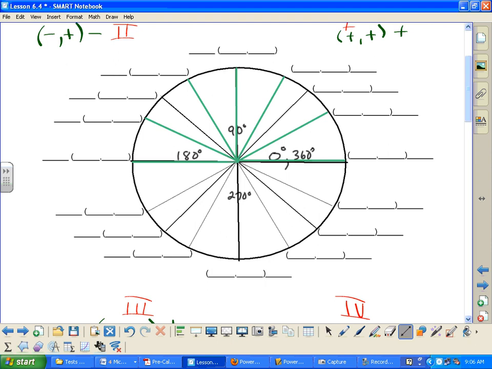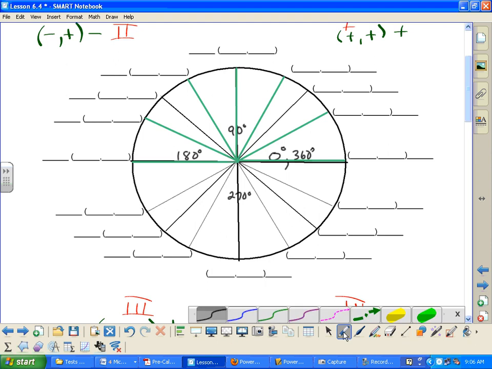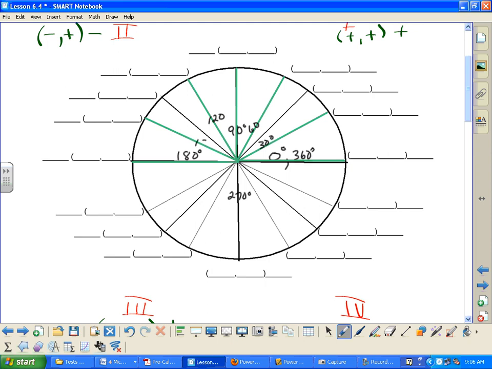Okay? So I'm going to get rid of them. No, I'll leave them there. So we've got 30, 60, we did 90, 120, 150, 180, and then we just keep going. What's after 180 then? 210, right? Okay.